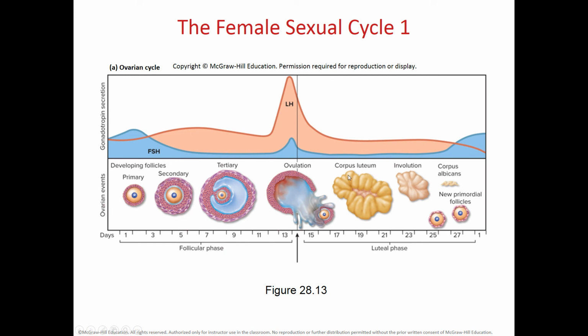If pregnancy happens, this will last for a few weeks, but if not, you will have involution. So this will shrink, and then you will have what we call corpus albicans. And then you start the cycle again with new primordial follicles. You start again with FSH high, and then getting low, a surge of FSH here at day 14 together with LH, and then low levels maintained during this luteal phase.